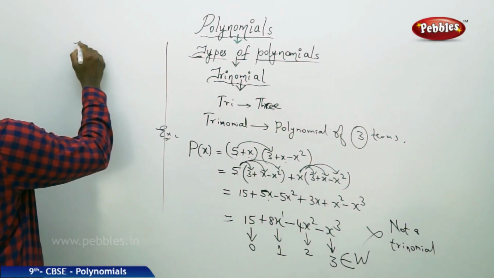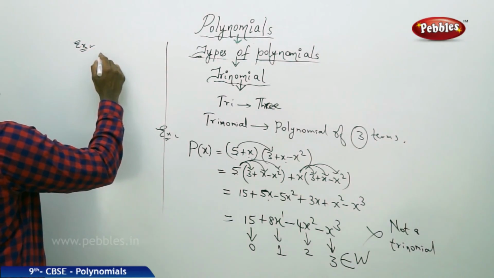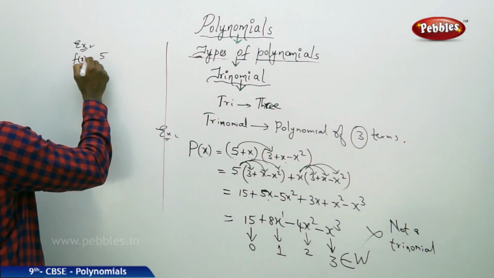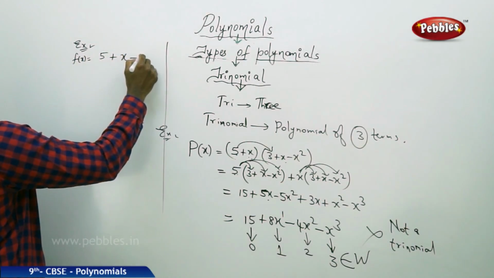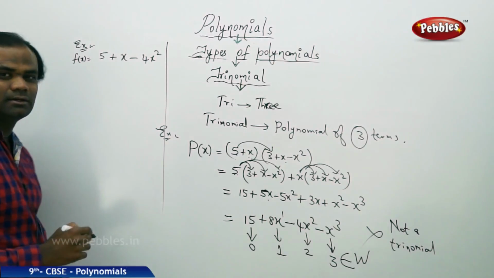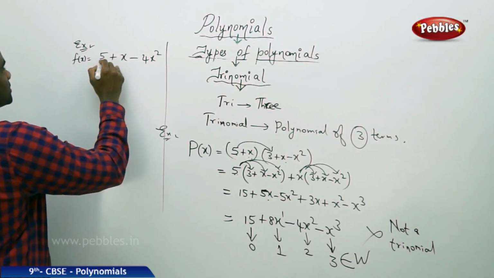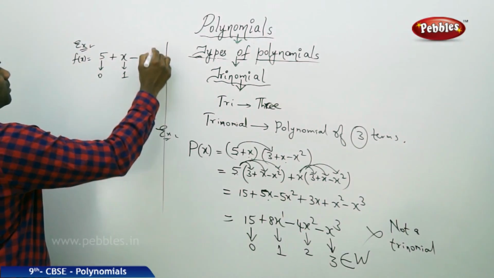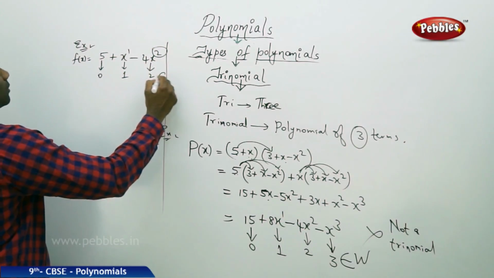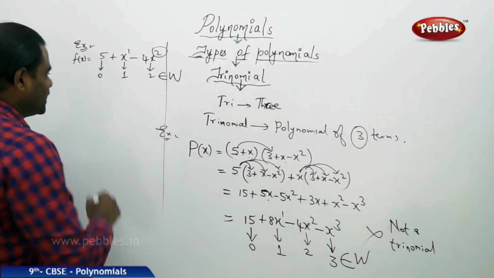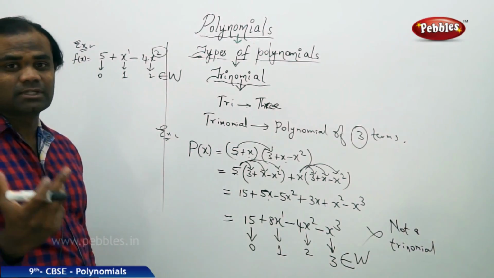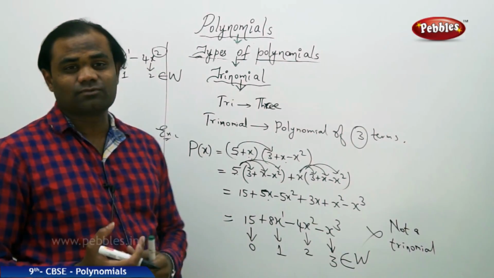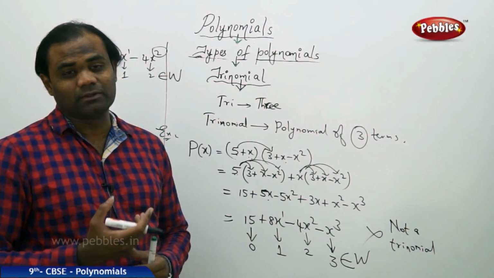For example, I have f of x equals 5 plus x minus 4x squared. Yes, in this case, the power is 0, the power is 1, the power is 2, and therefore all 3 belong to W, and hence because it has 3 terms, the first term being 5 and the second term x and the third term minus 4 times x raised to power 2.